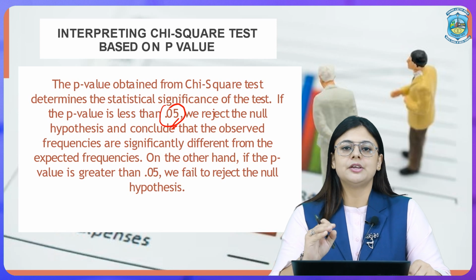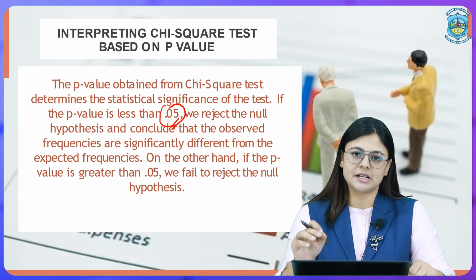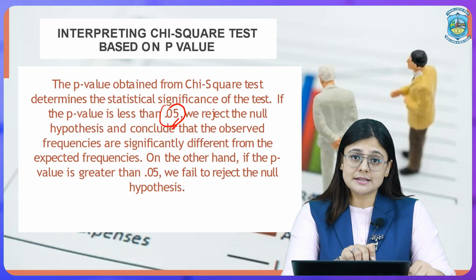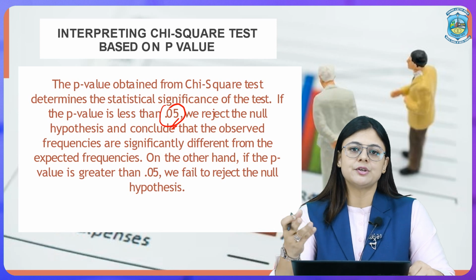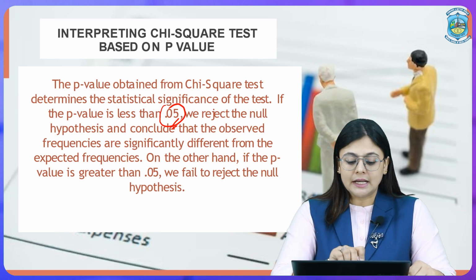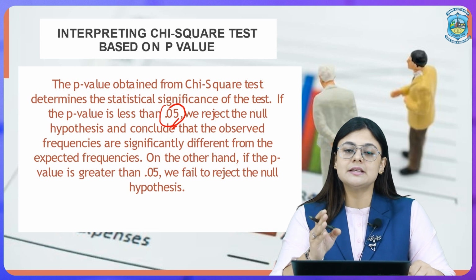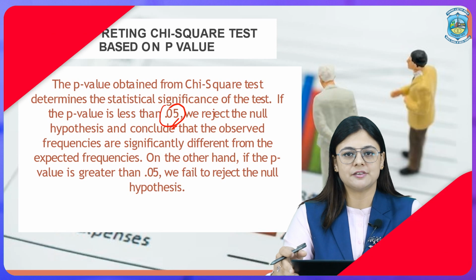In that case, you have to compare the probability value with the alpha that you have taken, the significance level. So if the p-value that you get after the calculation is less than 0.05, let's say you get a p-value of 0.03 or 0.04 or 0.02, then in that case, we reject the null hypothesis and state that there is a difference between the proportions of the observed values and the expected values.